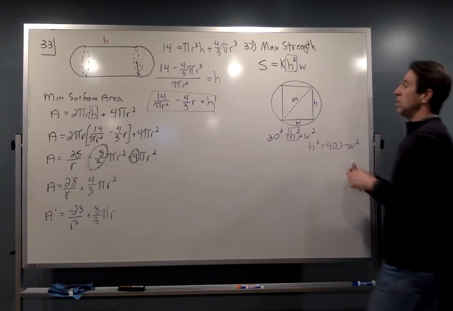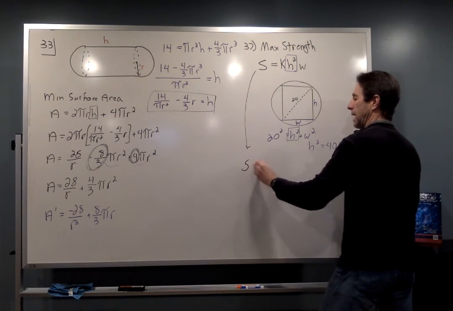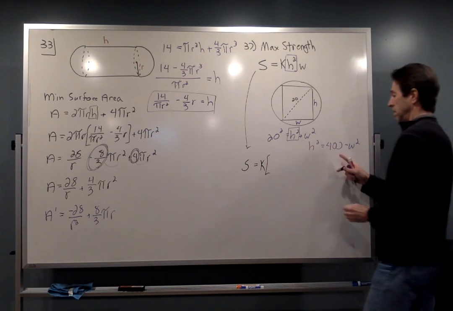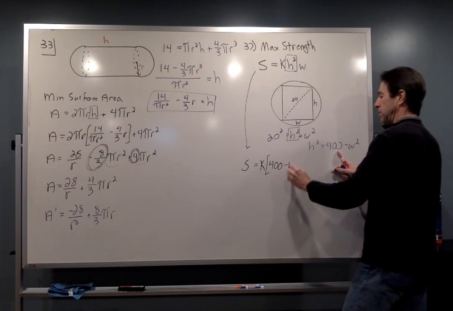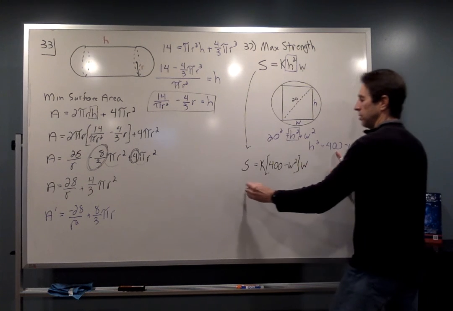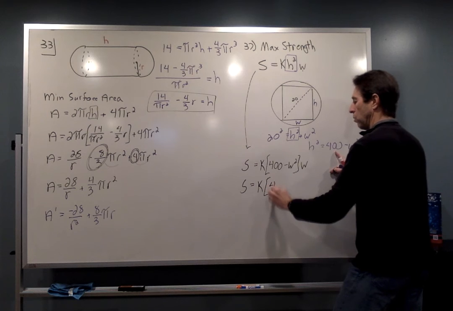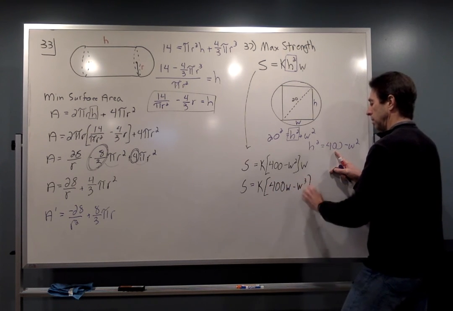So now my strength formula is S equals K, again, just a constant, times H squared, which is 400 minus W squared, times W. So my strength formula would be K times 400W minus W cubed.